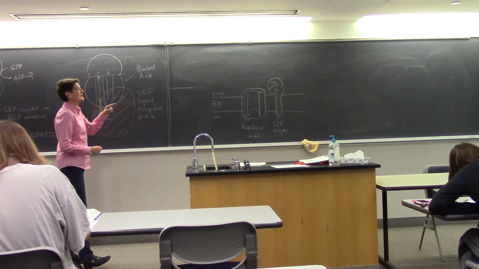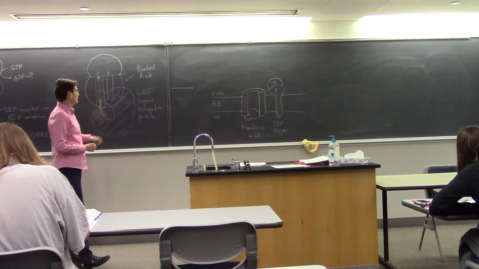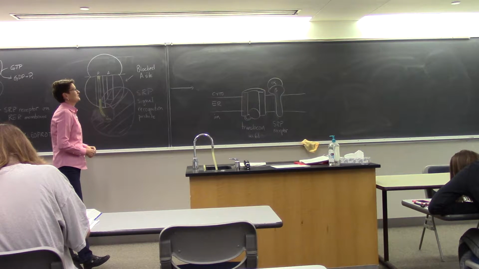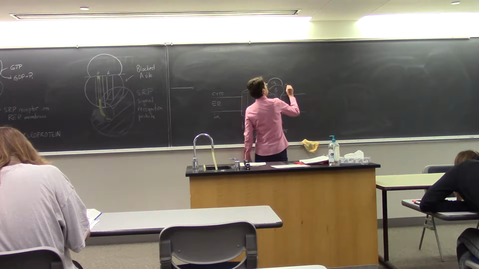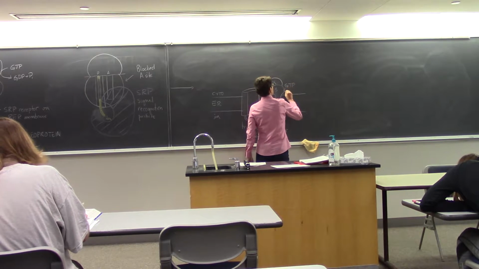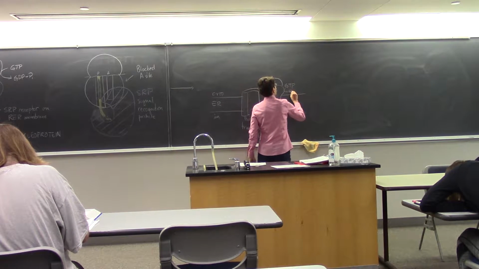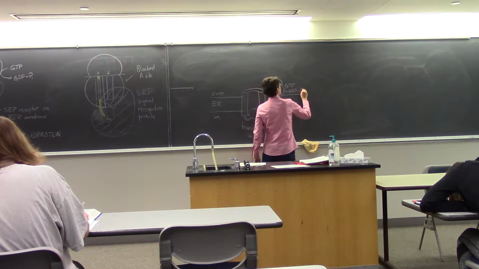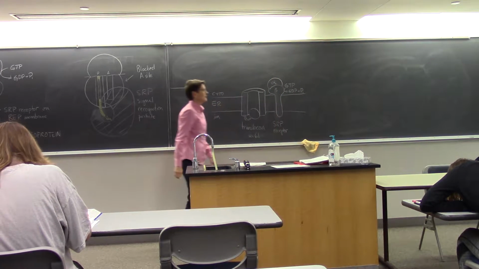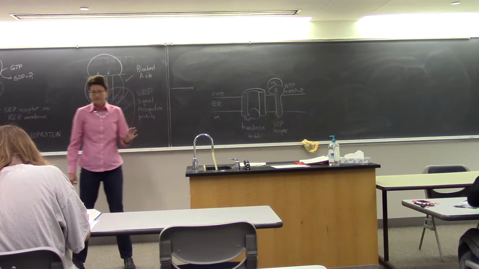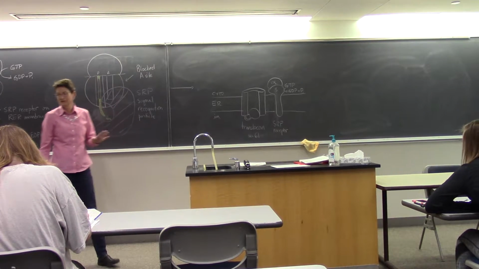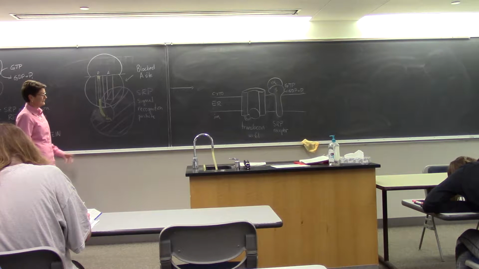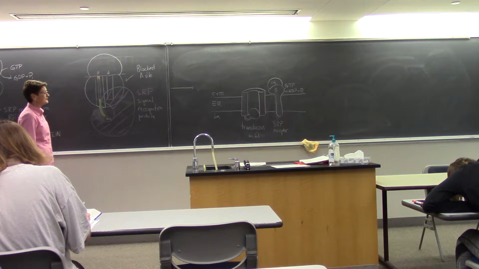The alpha is the docking site for the SRP, so we're going to have to draw that in. The beta subunit is also a GTPase. Okay, so it's probably bound at any one given moment to a GTP, although apparently it doesn't bind that tightly.